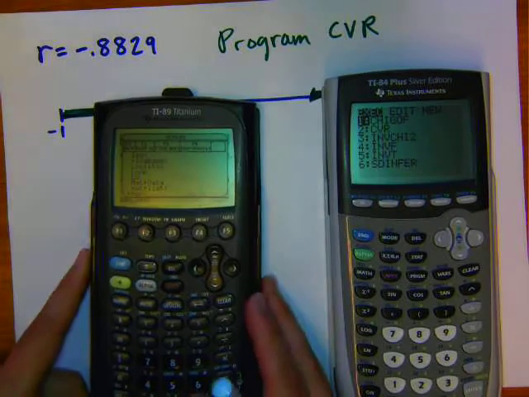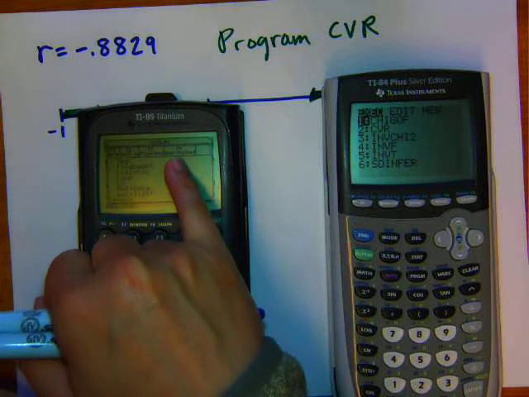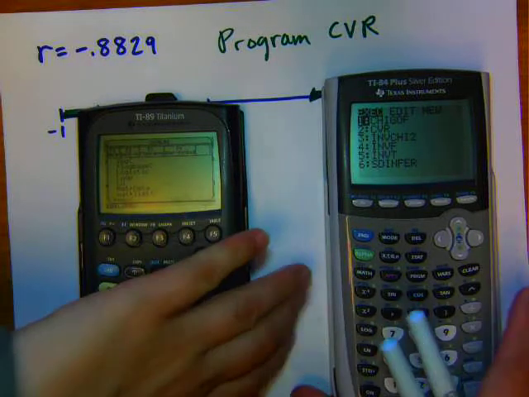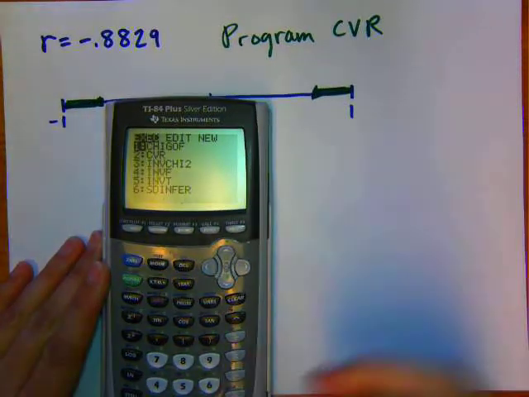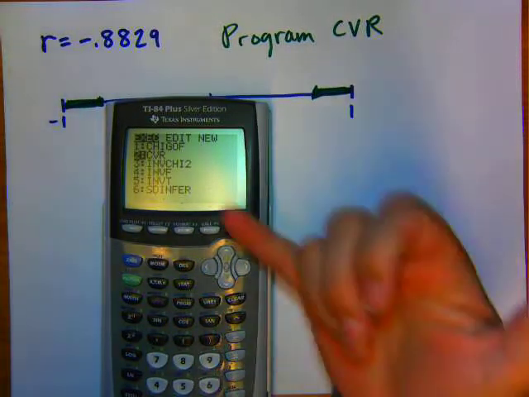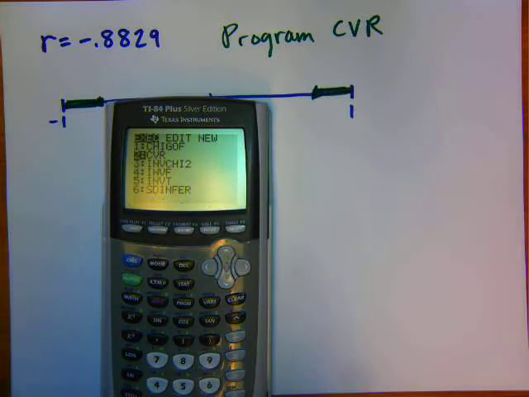So on the TI-89, to get to that same menu, you would go into catalog and then go into F4, user defined, and you'll get the same menu options that I have in there. And then critical value R, again this is a program that doesn't come standard with your calculator, so you have to get the download from me or from the website. So we're going to have our critical value for R, hit enter again to start the program.